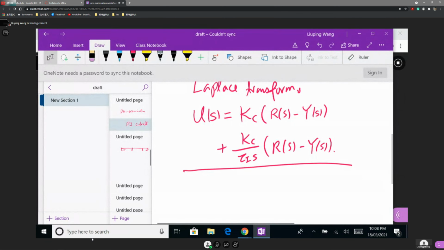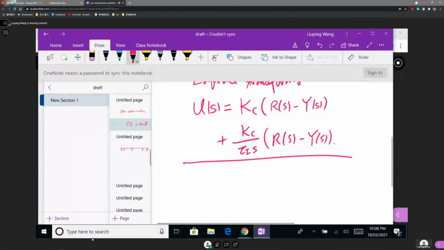In block diagram, what does this look like? You have a reference signal R of s, and this is your feedback signal. So this is plus and minus, negative feedback.